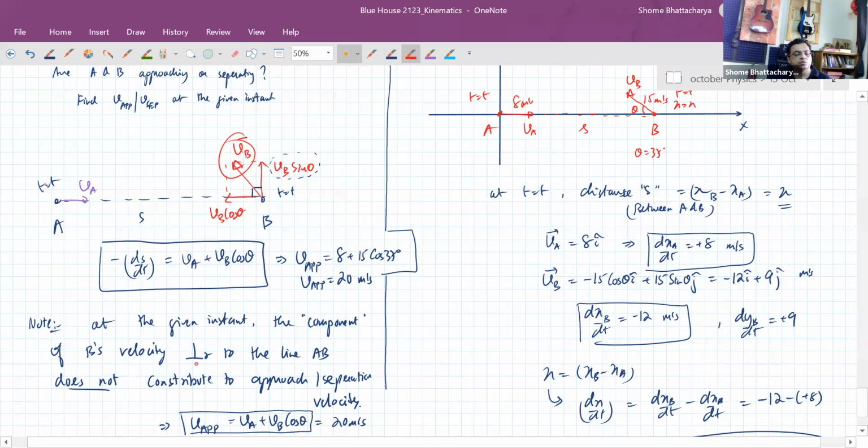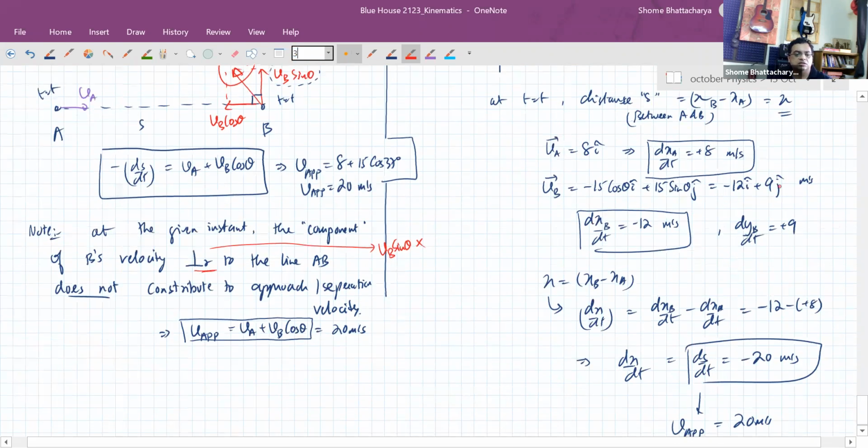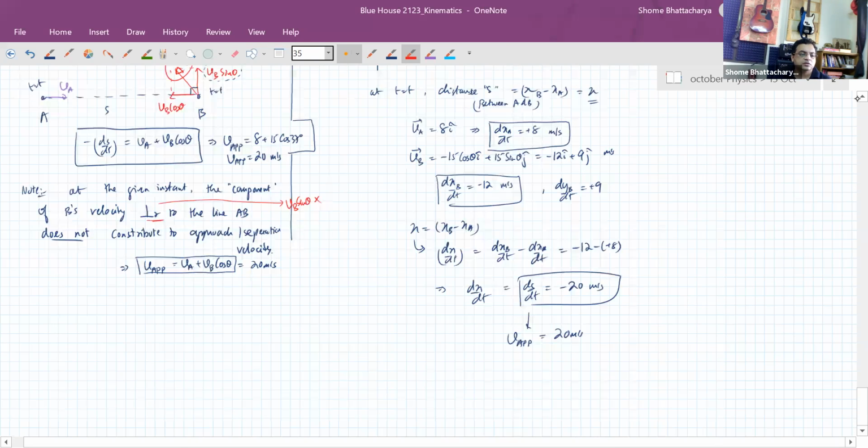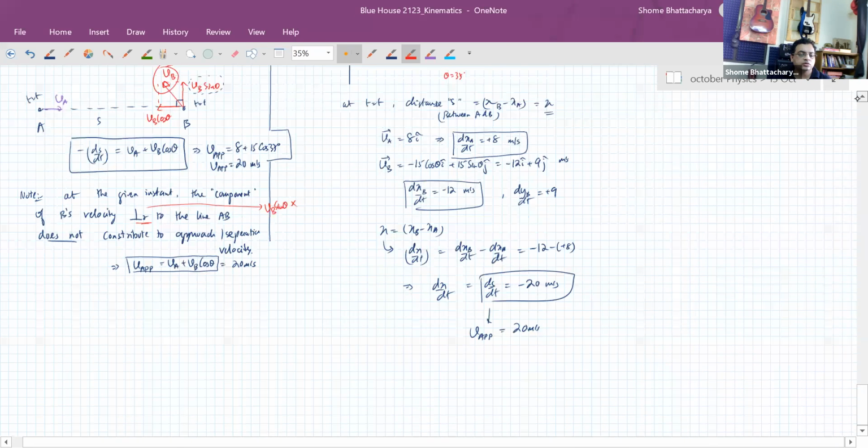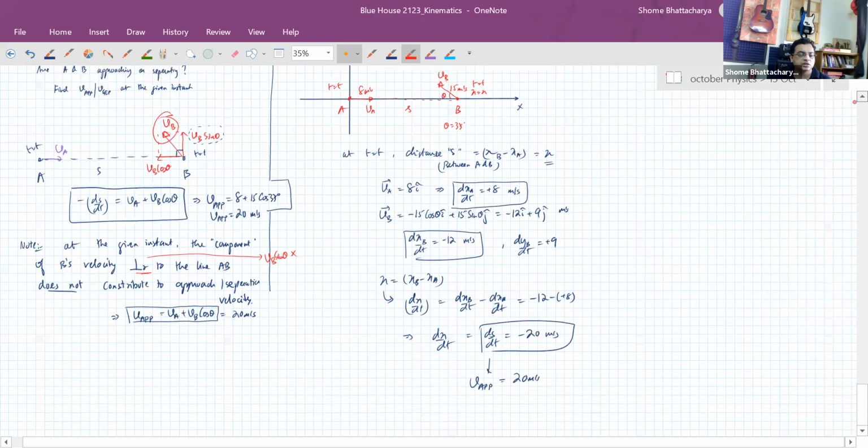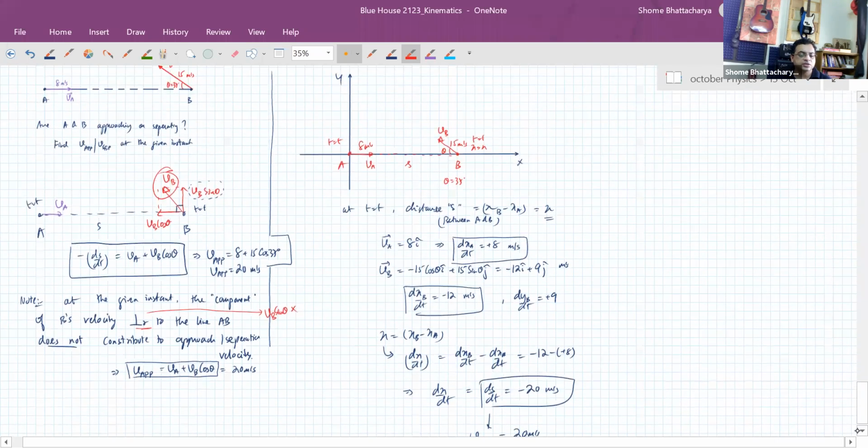This perpendicular component, this is the component VB sine theta. So this does not play any role. Okay, whereas the component which is along the line AB, that is the one that plays the role in the approach and separation. So this is the situation where we're looking at a 2 or 3 dimensional type of motion of two objects, and we are looking at the approach and separation velocity.